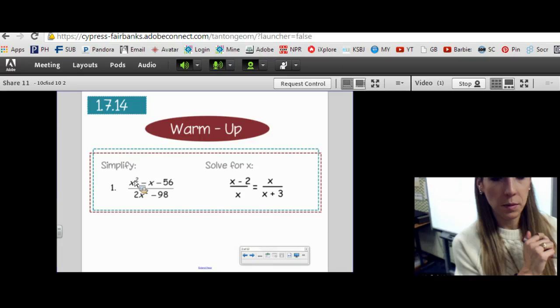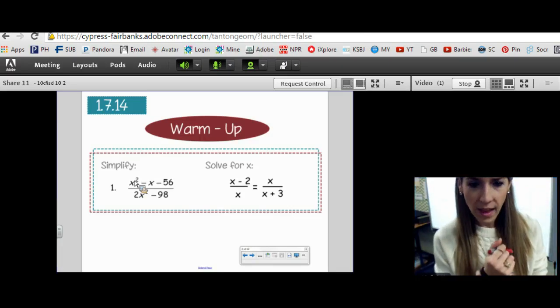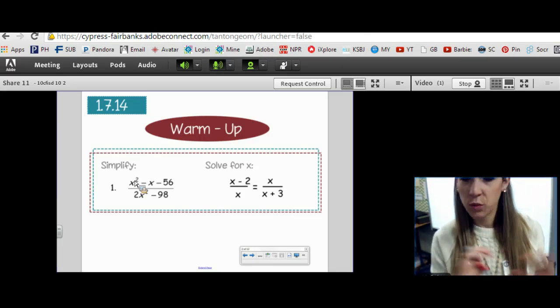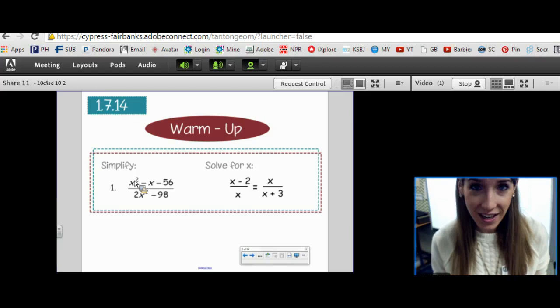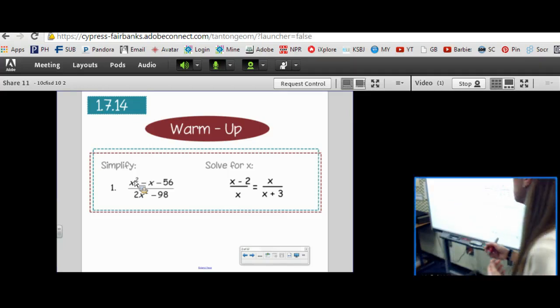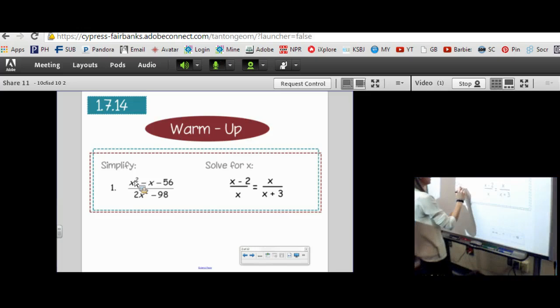Okay, so what's really important on number 1 is that first we switch that. We don't want it to be subtraction. We want it to be multiplication. And how do you change x squared minus x minus 56 into multiplication? Well, you factor it. Very good, Abbas. Yep, we have to factor it. We don't have a choice. So let's do it.